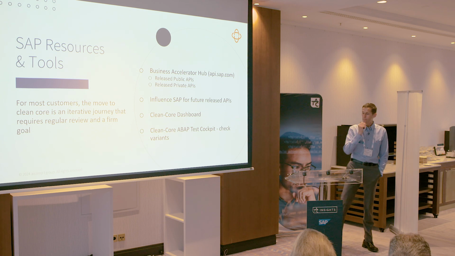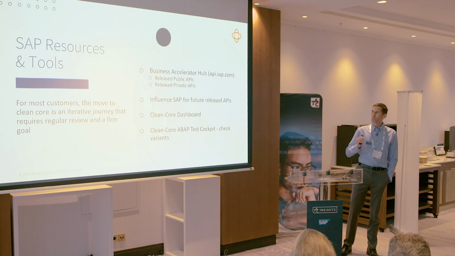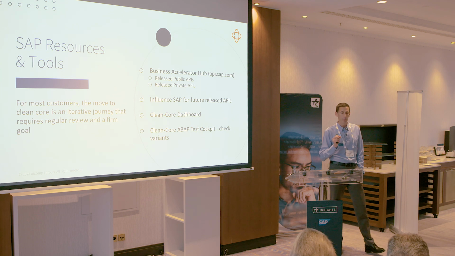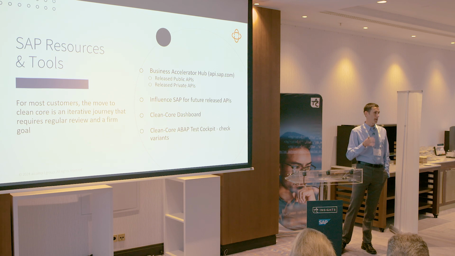So, resources for doing this. Again, there's the Business Accelerator Hub. They've changed the name of that several times, but the address has generally been the same, api.sap.com. This is where you can find those released public APIs if you're doing side-by-side extensions and not doing anything on the developer extensibility on the system itself, but then also you can find all of your released private APIs.